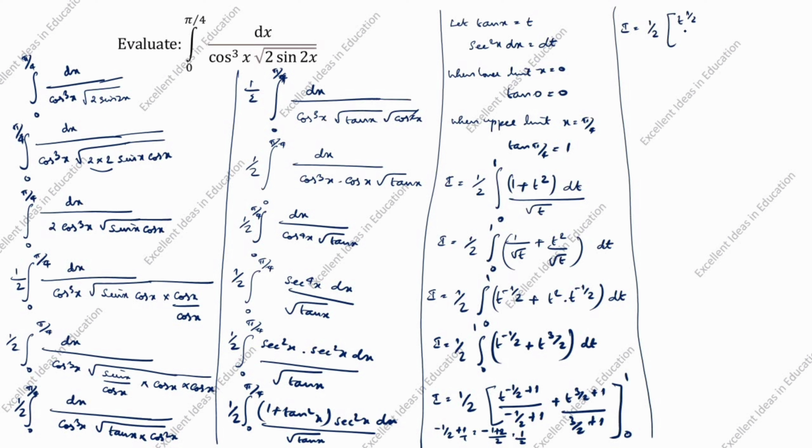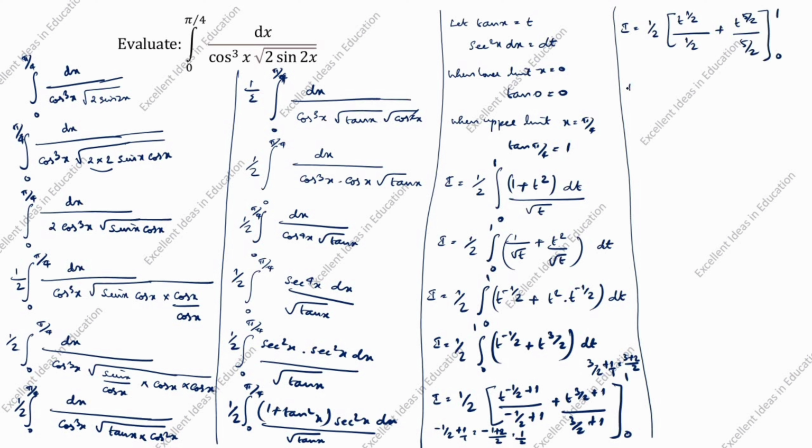T power 1 by 2 divided by 1 by 2 plus t 3 by 2 plus 1 is 3 by 2 plus 1, equal to common we will take 2. So 3 plus 2, so 5 by 2. So t power 5 by 2 divided by 5 by 2. Close the bracket, 0 to 1.